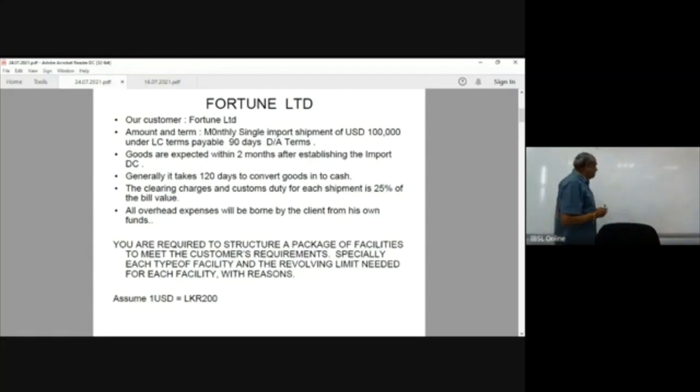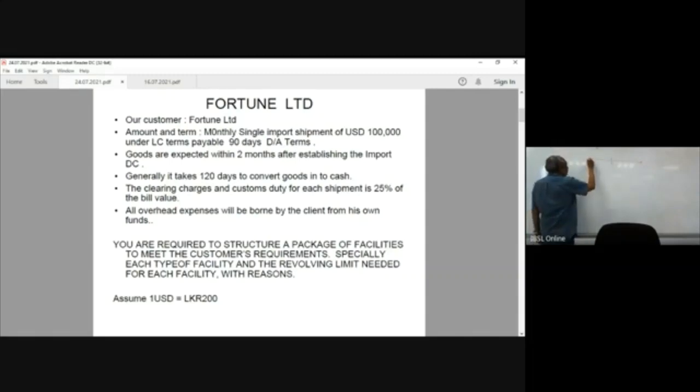For example, I will draw one straight line, and in this straight line now we'll have to mark. This is my customer. They are going to open a LC to import goods, but the value US dollars 100,000.